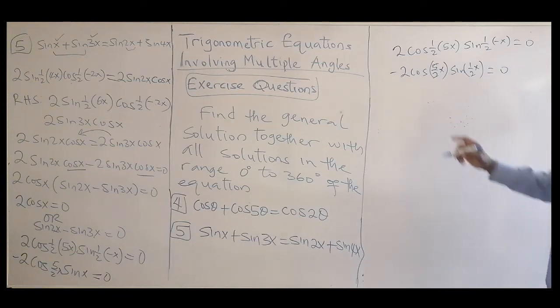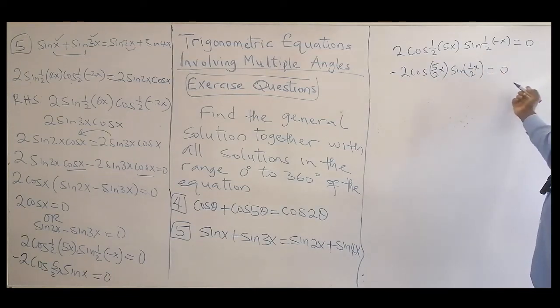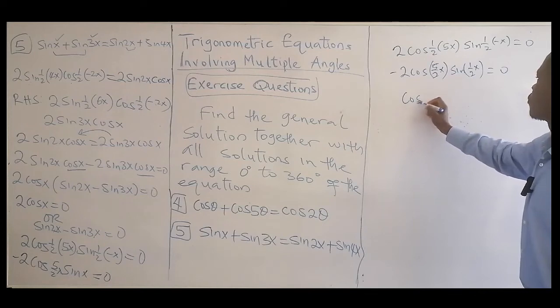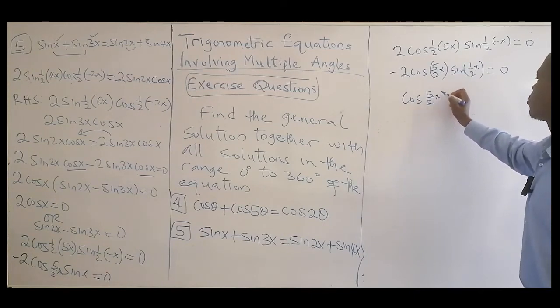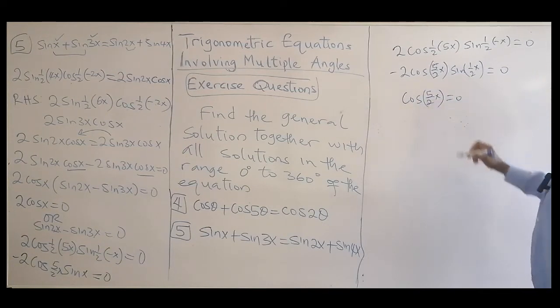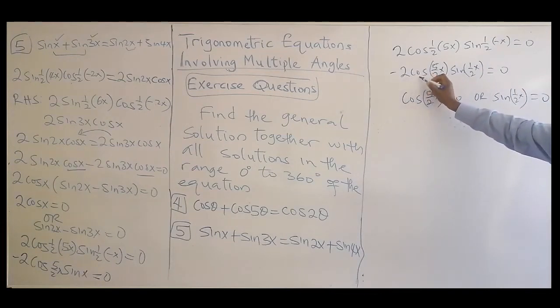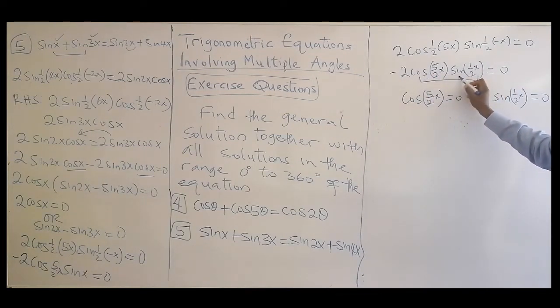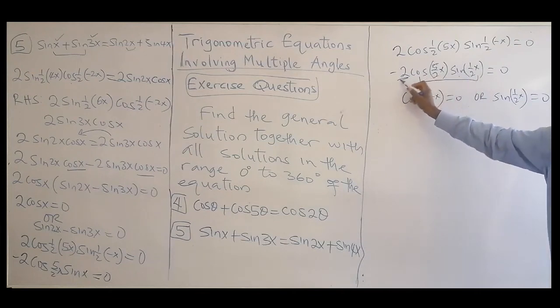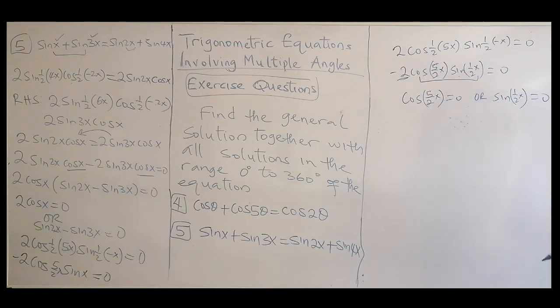So this implies we can divide both sides by minus 2. So we have cos 5 over 2x equal to 0, or sine half x equal to 0, because these are products of sine and cos. And don't forget, we have already cancelled this by dividing both sides by minus 2.